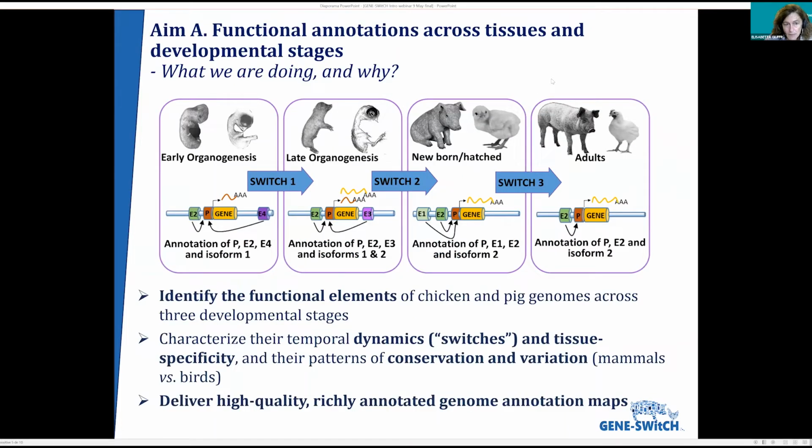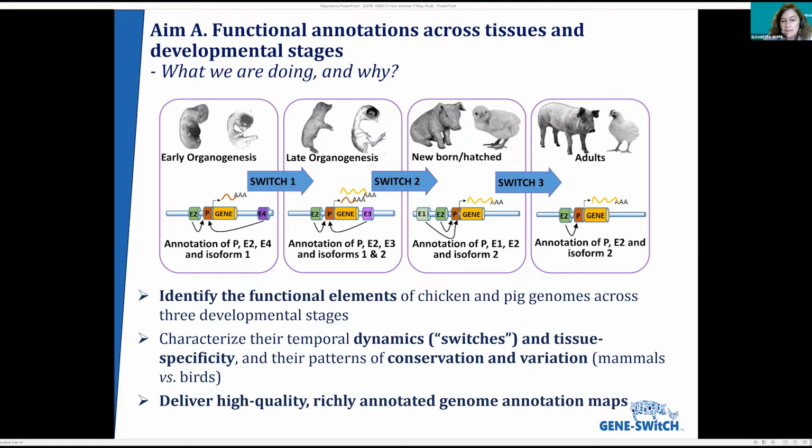About aim A, what are we doing? Essentially, we want to identify the functional elements that are activated, poised, repressed in the chicken and pig genomes across the 3 developmental stages that you have seen.